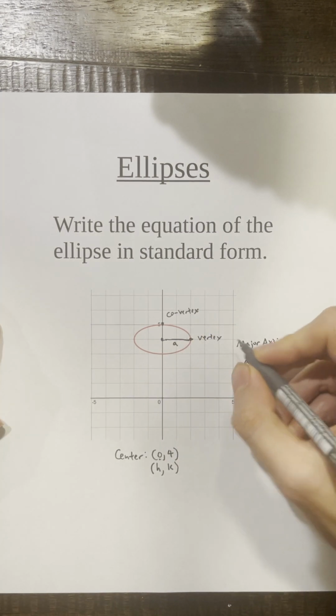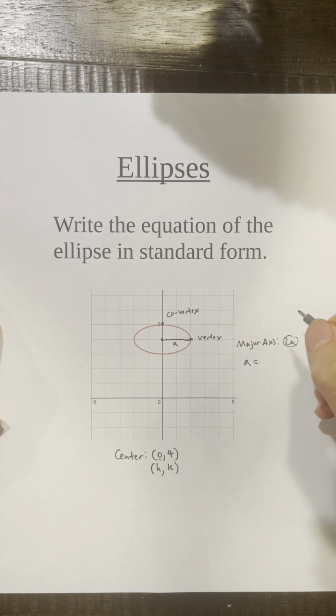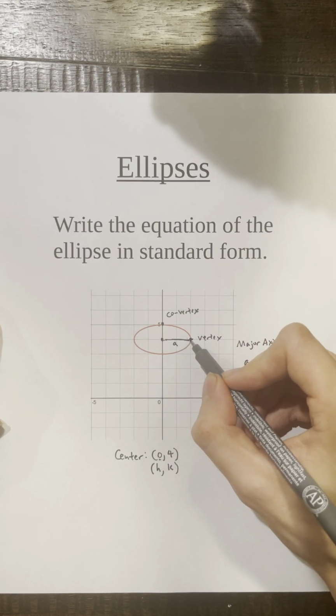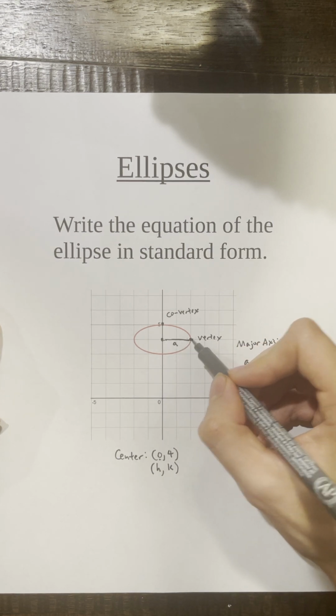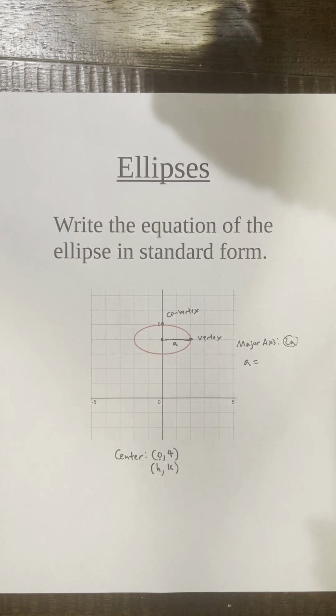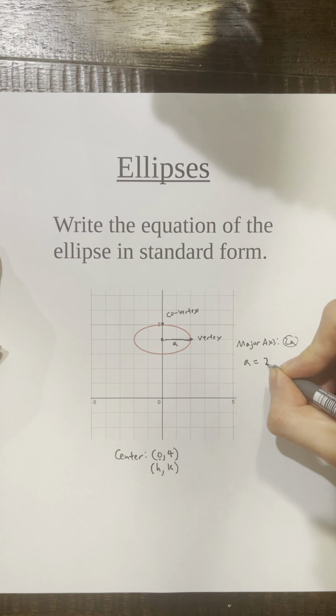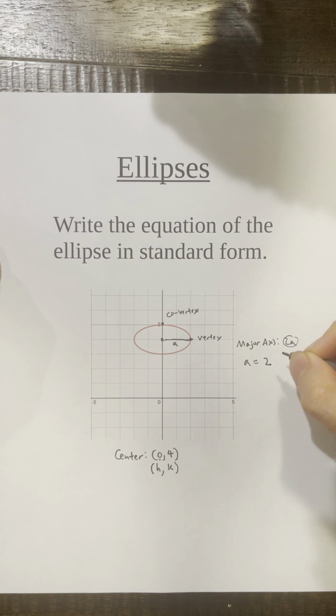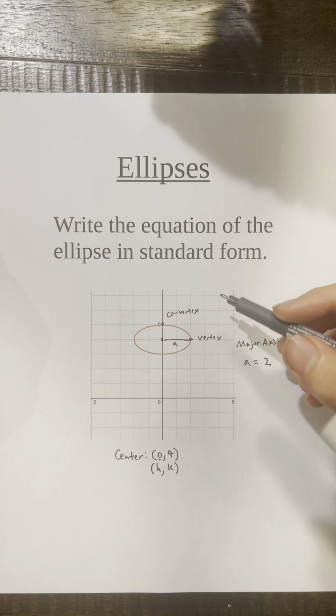But how many units long is a? How many units to the right do I need to move to go from the center to the vertex? 2 units. Okay, we have enough information to get started.